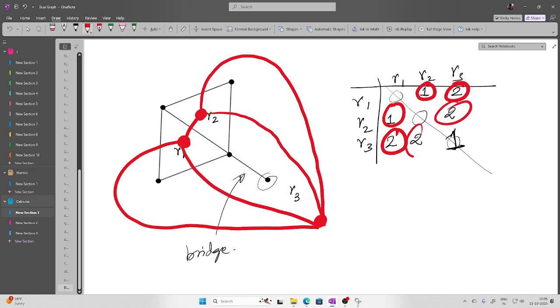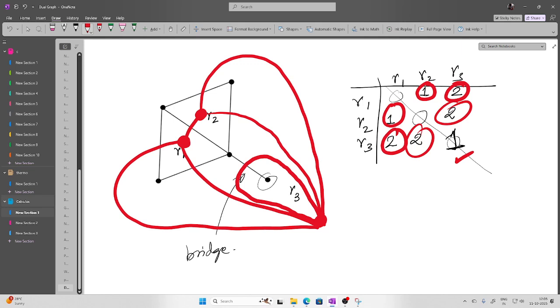Now what about this one? This is forming a loop such that it is crossing this pendant vertex. So whenever you have a pendant vertex, it will always result in a loop.